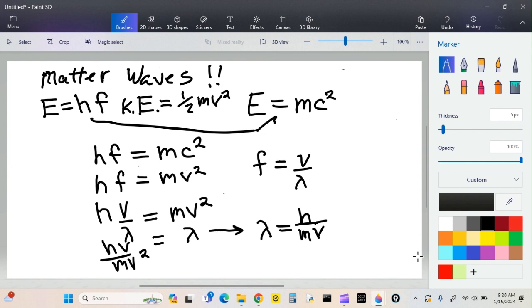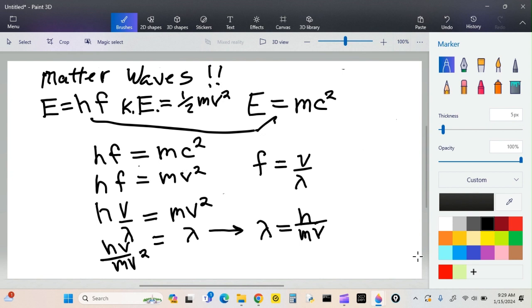Now let's see what the wavelength is going to be if I'm moving at some velocity. As that velocity increases, the wavelength is going to start going down. And so here we've related a piece of matter to the wavelength that it has.